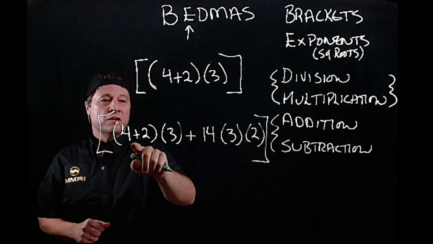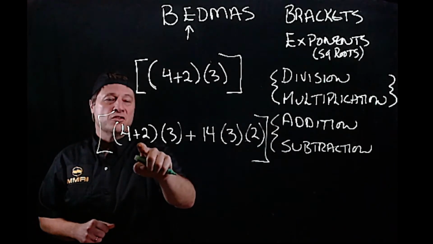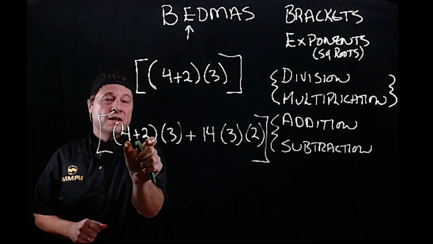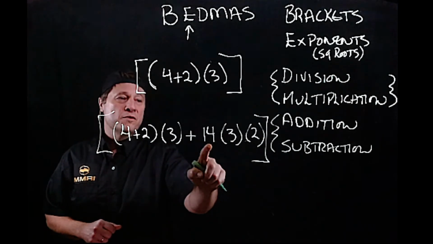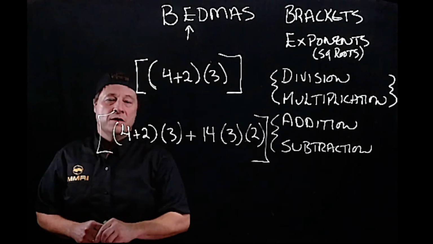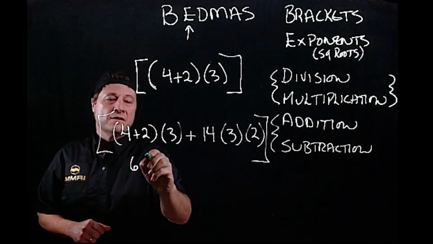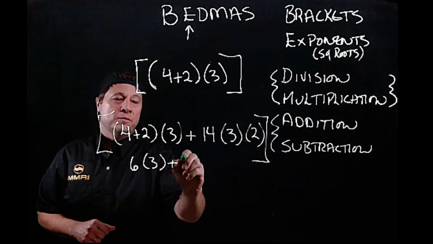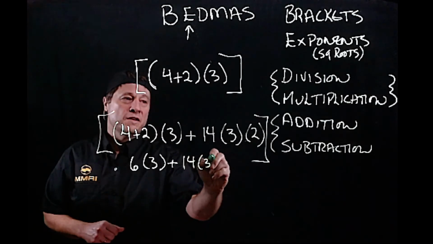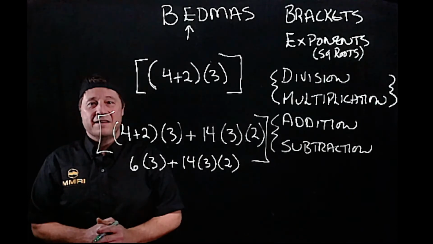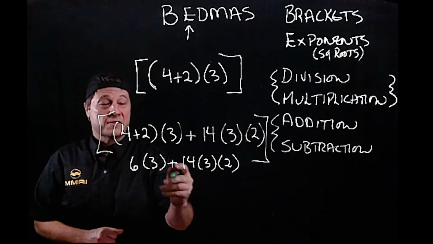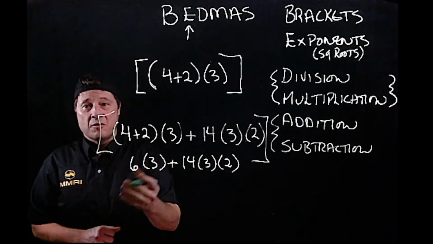So you would look after the brackets here. 4 plus 2, you do what's in there first and solve that. Then you have 6 times 3 plus 14 times 3 times 2, right? We still have to do the brackets next. These numbers are all in brackets, but what that means is that they're multiplied, right?